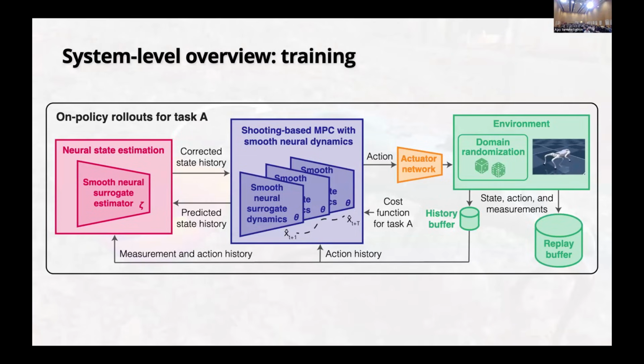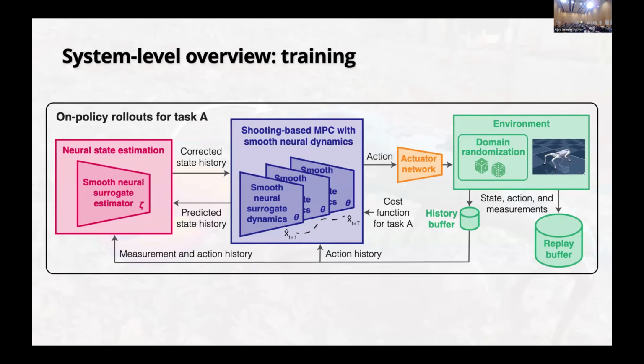We integrate these two straightforward inductive biases within a pretty standard model-based RL framework where we replace the policy with a model predictive controller and a state estimator that are both learned from scratch. We use an actuator network to capture some of the sim-to-real differences.